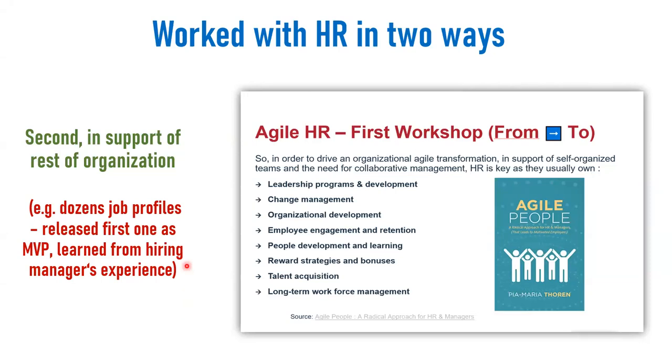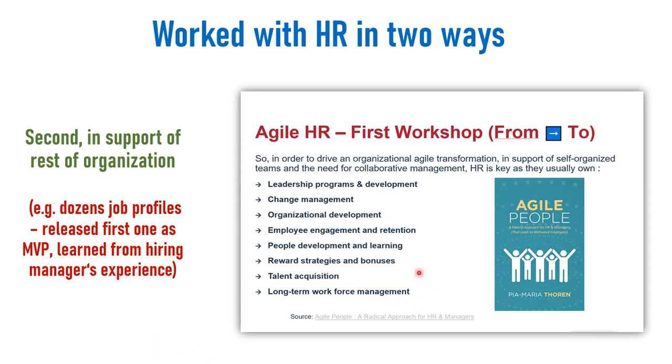One area that we worked on that was, to me, very indicative of this and was a success was that they had to rewrite dozens of job profiles to make the criteria more explicitly agile in terms of the types of candidates they were looking for.